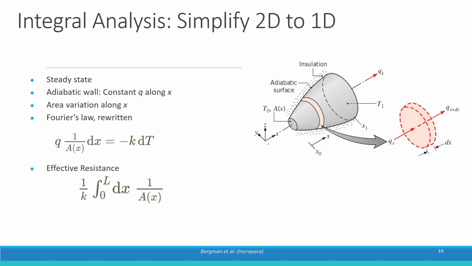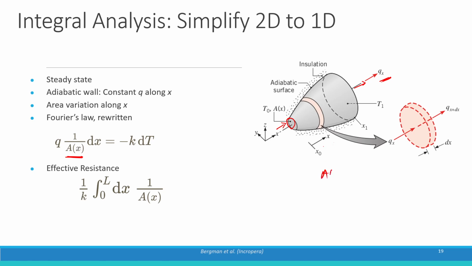As discussed earlier, we had discussed the cylinder and sphere, and there the area was dependent on radius. For this case, let's consider a kind of conical shape which has been cut from the top. If the conduction is occurring in this direction as shown in the figure, the cross-sectional area will vary with x.